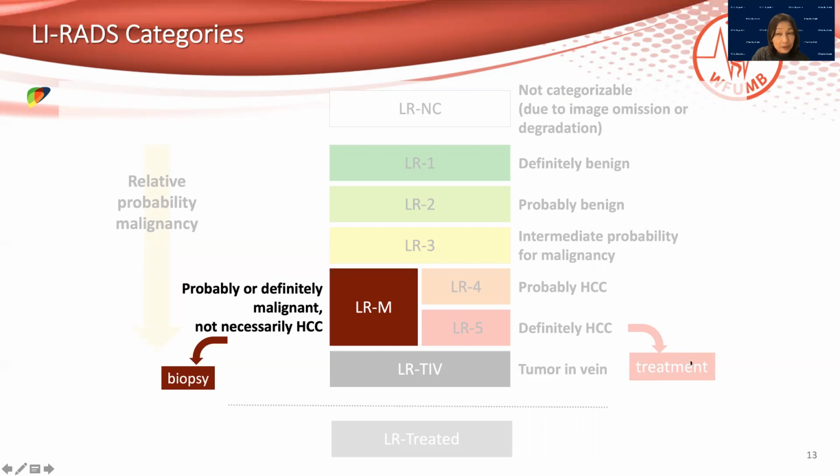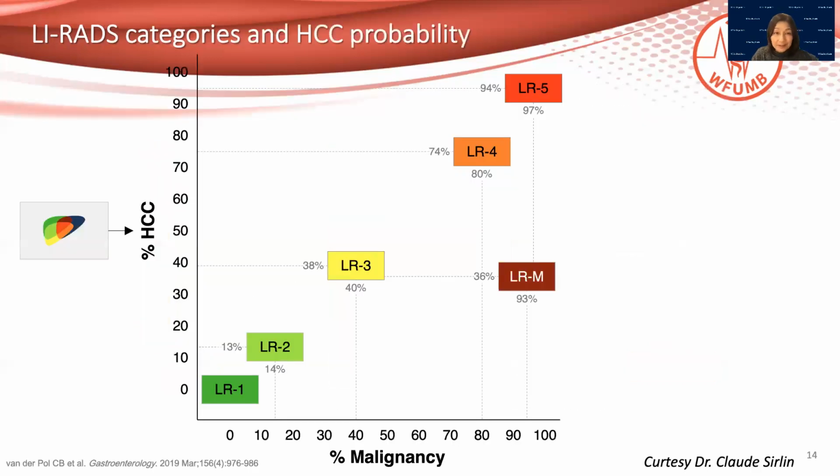And remember, LI-RADS 5 is not going to be biopsied. So we want to include any of those lesions into LI-RADS M rather than LI-RADS 5. So LI-RADS M is really important to keep the specificity of LI-RADS 5. So LI-RADS M will be biopsied.